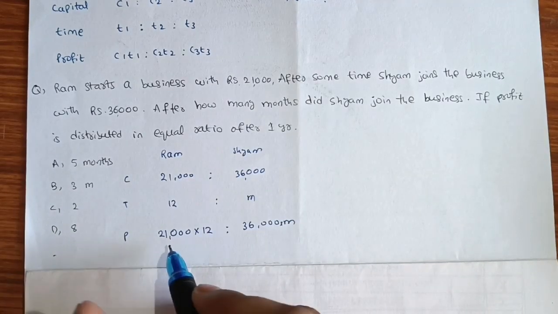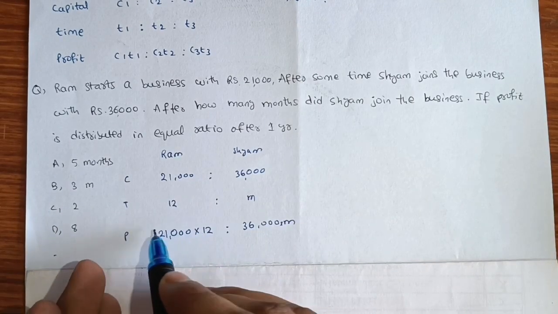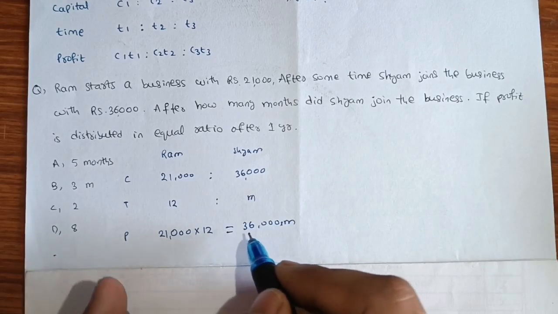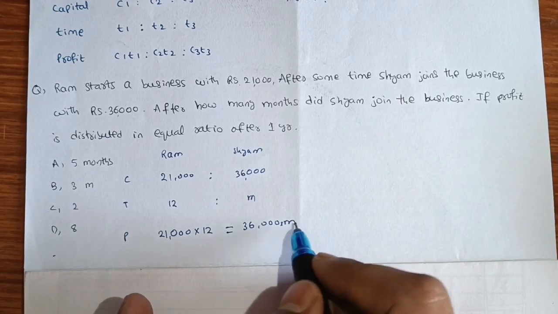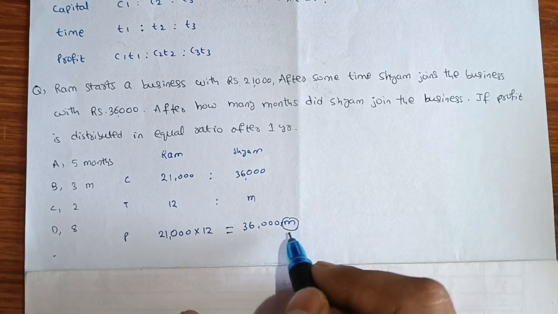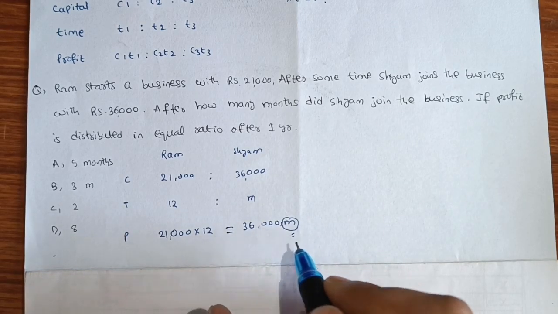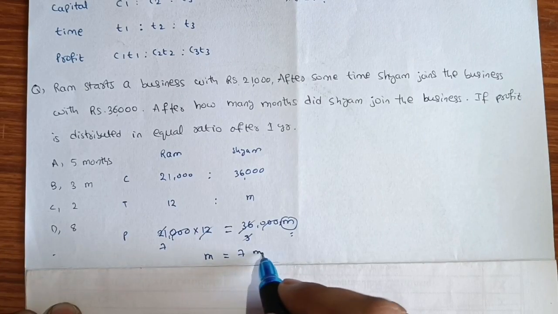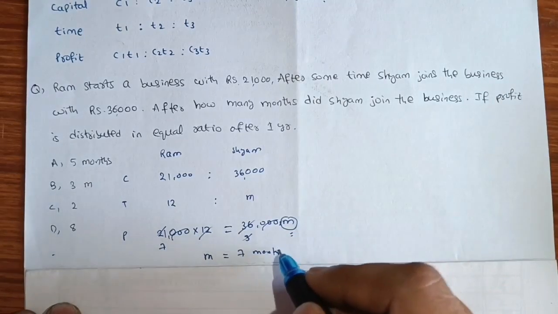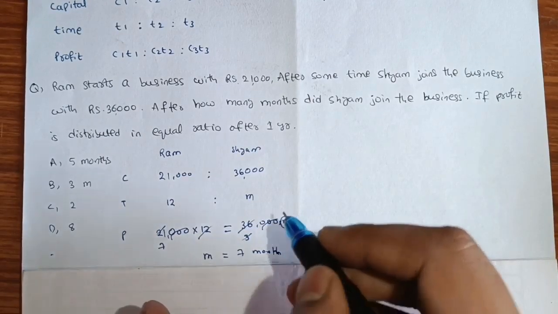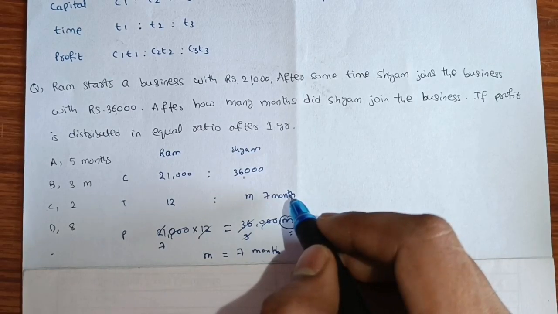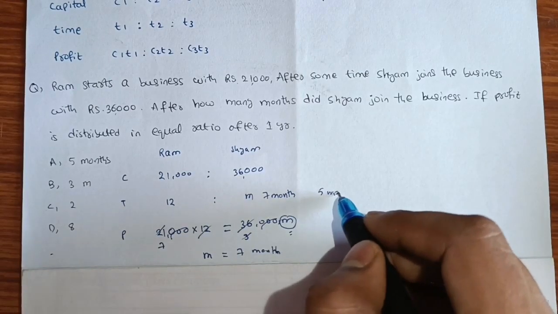He gave a hint that the profit is distributed in equal ratio after 1 year, so the profit of Ram and Sham is equal. If we simplify this, we get the value of m: m equals 7 months. So Sham invests for 7 months, which means he joined at 12 minus 7, the 5th month.